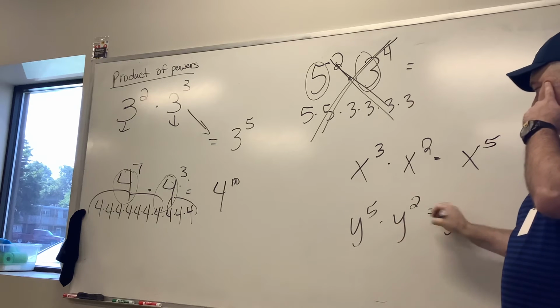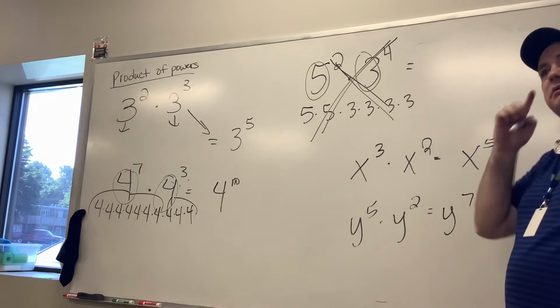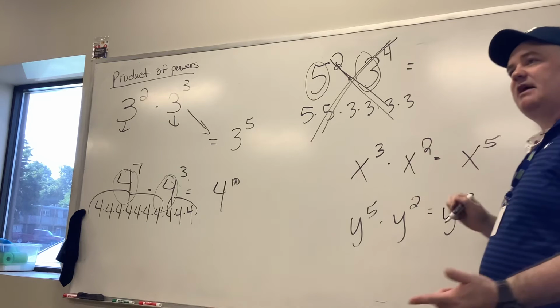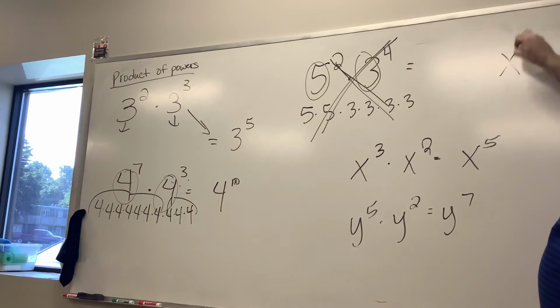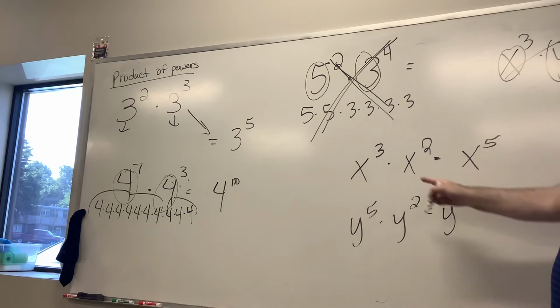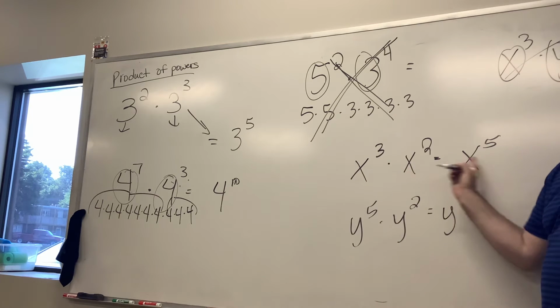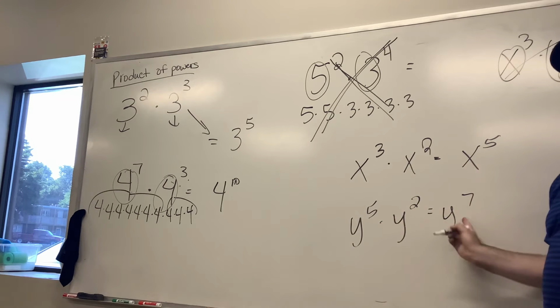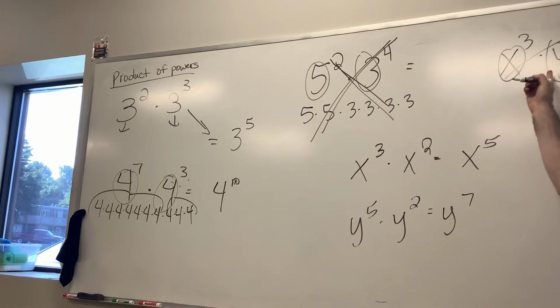Down here, y, add your exponents, 7. But if it ends up being x cubed times y to the 4th, can't do that anymore. I can't combine it because they're not the same bases. They got to be the same bases. We could do it here, we could do it here, can't do it here. Okay?